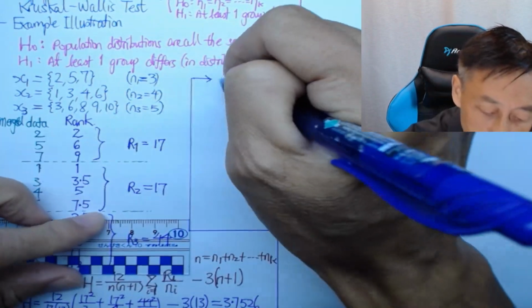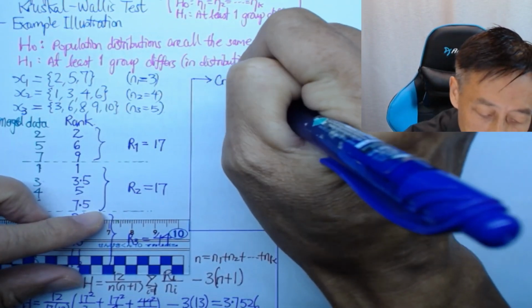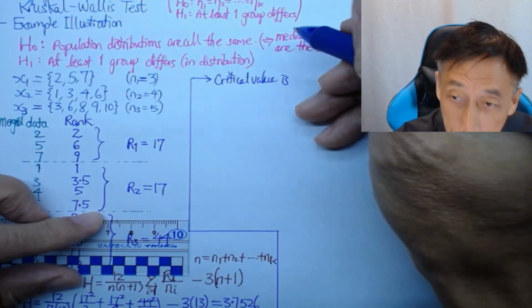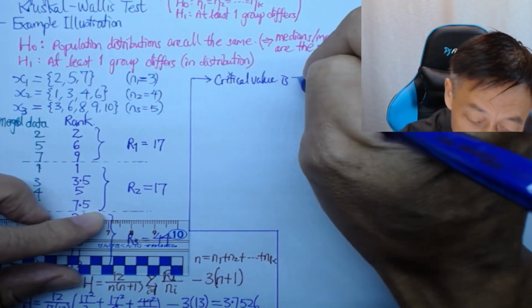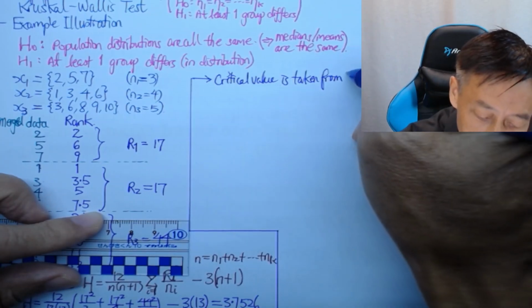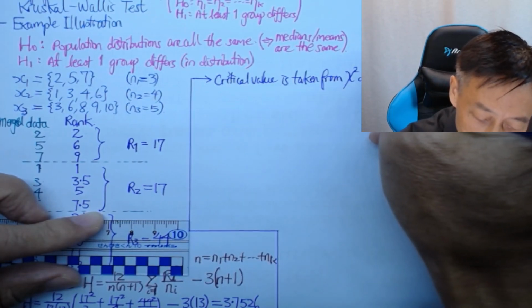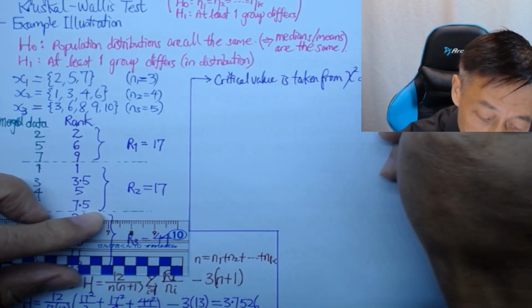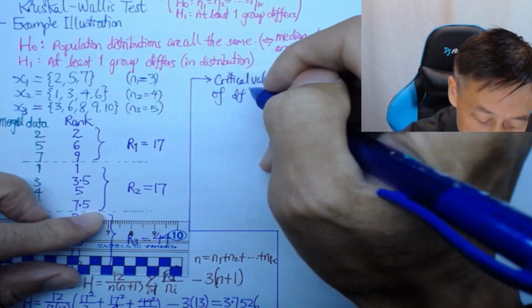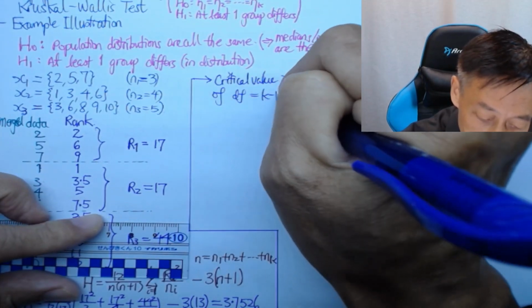Okay, so the critical value is taken from the chi-square distribution of degrees of freedom k minus 1.